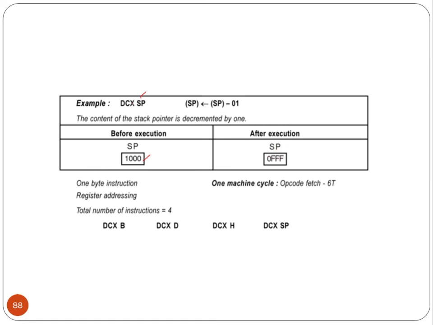When we convert this instruction into machine code, the size is 1 byte. It is a 1 byte instruction and it is register addressing mode, and during execution it requires only one machine cycle, that is opcode fetch. It requires 6 T states during opcode fetch. The possible instructions of this type are DCX B, DCX D, DCX H and DCX SP.